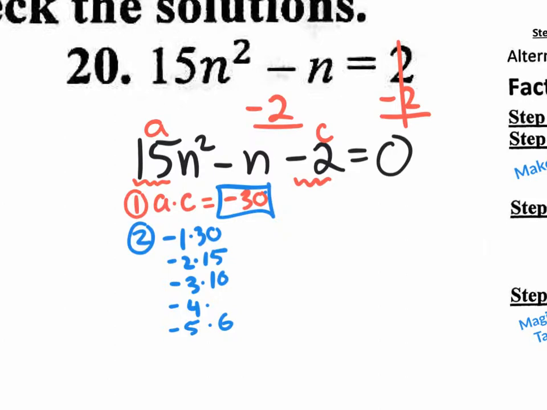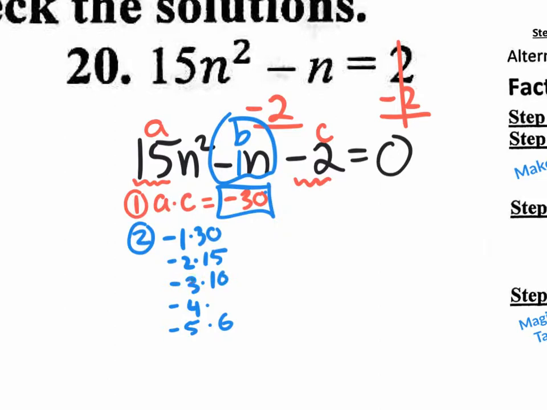After you make the list, all you have to do is start combining. If you do 30 minus 1, that's 29, and the middle value b is not 29. The middle value b is actually a -1, right? So when you combine those pairs of numbers, which one gives you a -1? If I combine -3 and 10, what do I get?